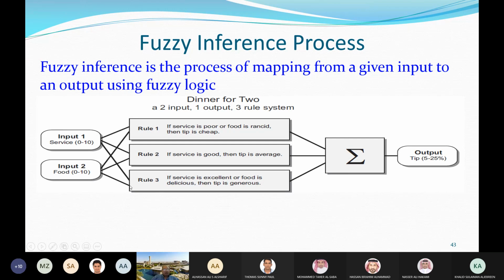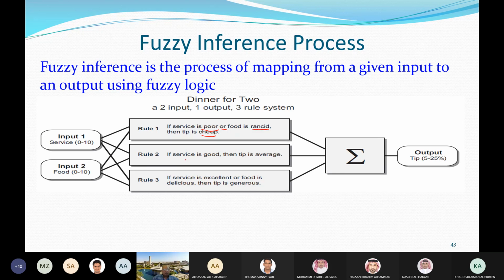Assume that these are the rules. The first rule is this: if the surface is poor or food is rancid, then the tip is cheap.